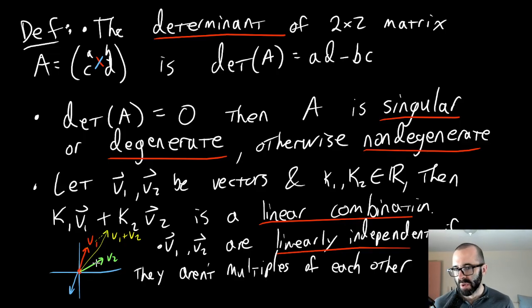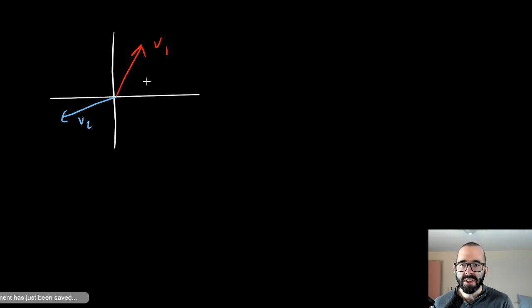And we can do some cool things with linearly independent vectors. Specifically, if I have two linearly independent vectors, then any other vector can be written as a linear combination of them, which is pretty cool. So let's say this is v1, and we'll have v2 go some other direction. Then any vector you draw can be written as some linear combination of the first two.